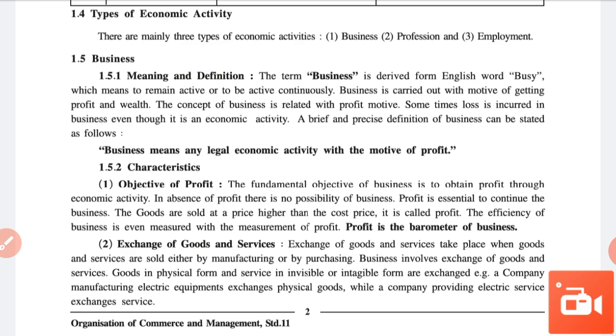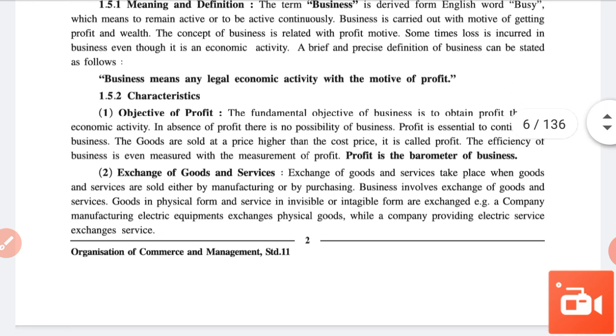A brief and precise definition of business can be stated as follows. That is not underlined. The definition you have to write word for word in the examination, but you can write the meaning in your own words; the important words you should cover.